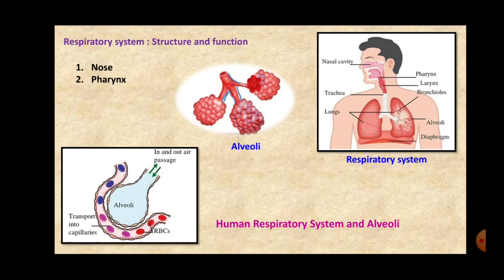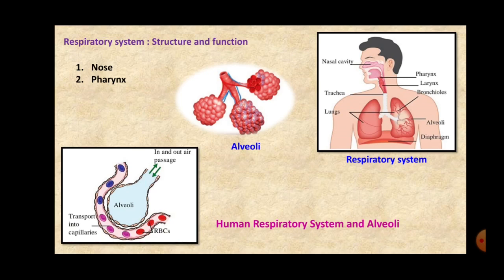Now windpipe and food pipe, they both are present in the throat region. The windpipe is present in front of the food pipe. So the food pipe is present behind the windpipe.